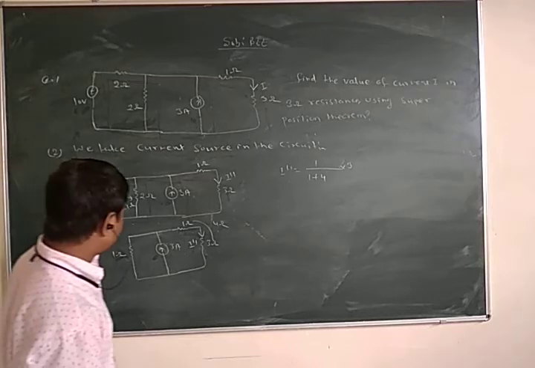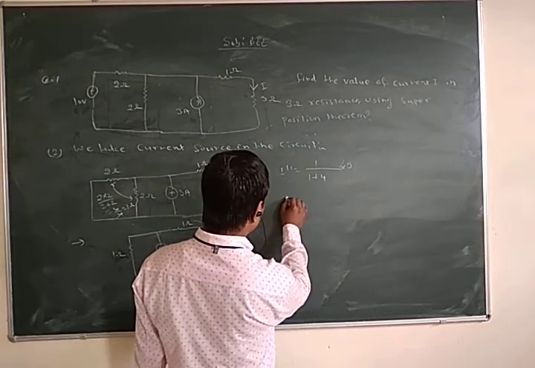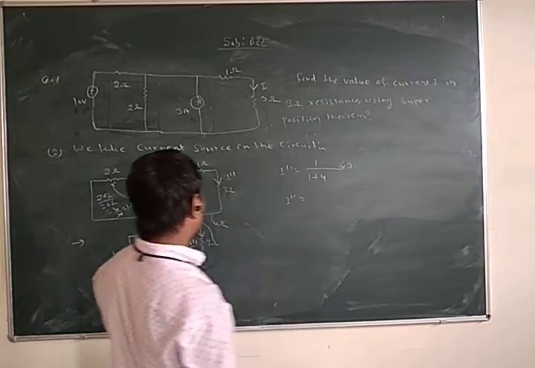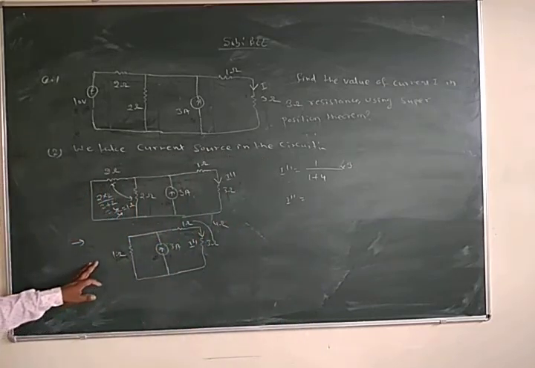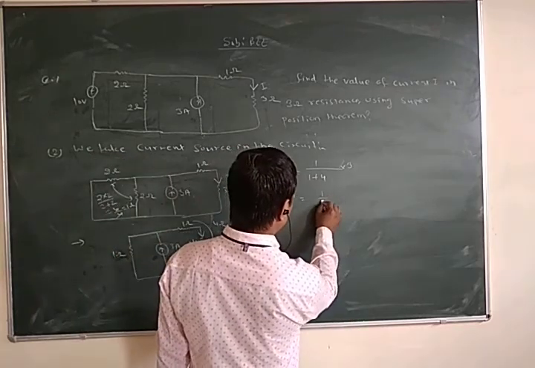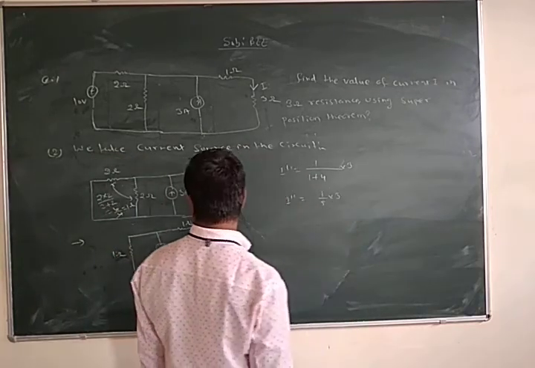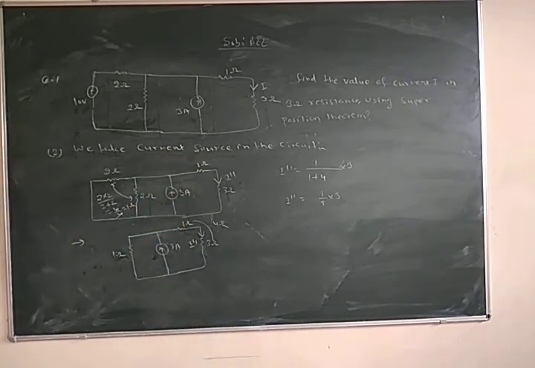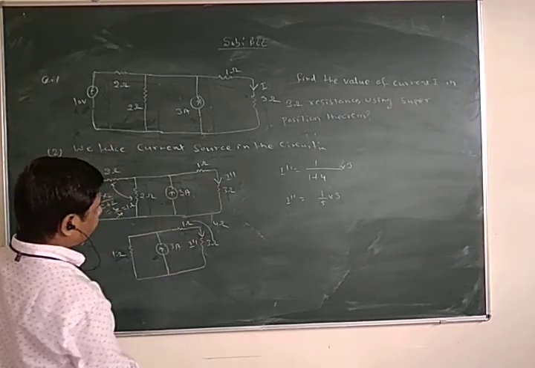So what is the value of I double dash? 1 upon 5 into 3. This is the value of current in 3 ohm due to the 3 ampere source.